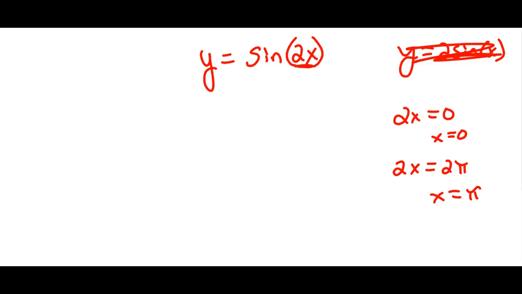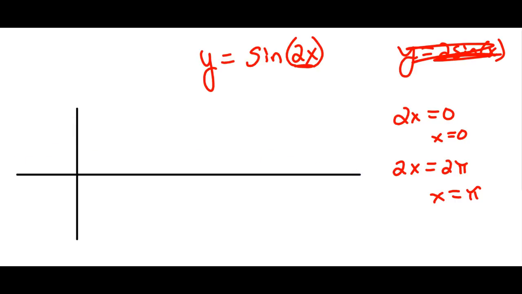And so when we go to graph this, let's draw our line here. Our period goes between 0 and pi. So right here is 0 and right here is pi. And so halfway between there is pi over 2. Halfway between here is pi over 4. Halfway over here is going to be 3 pi over 4.